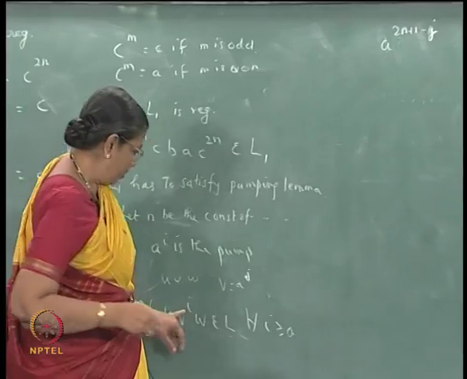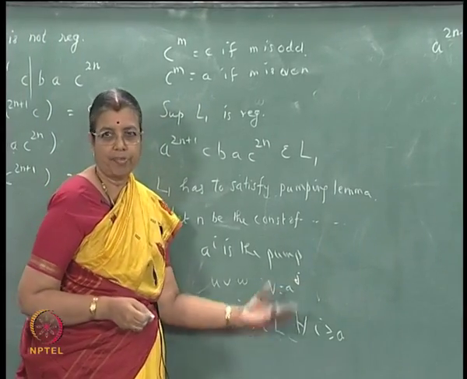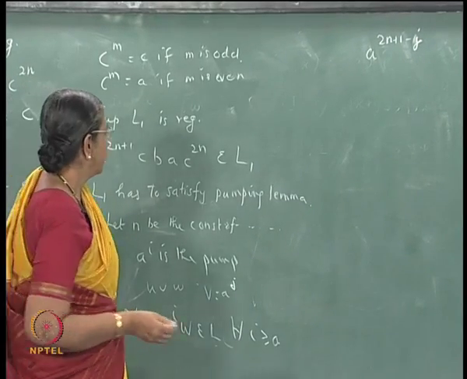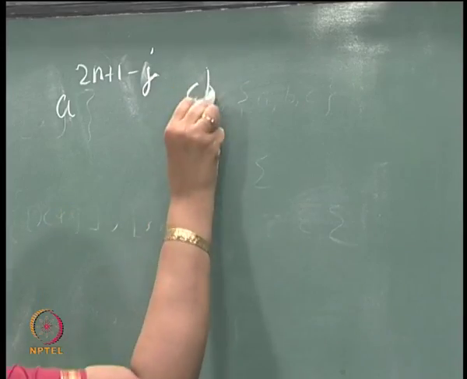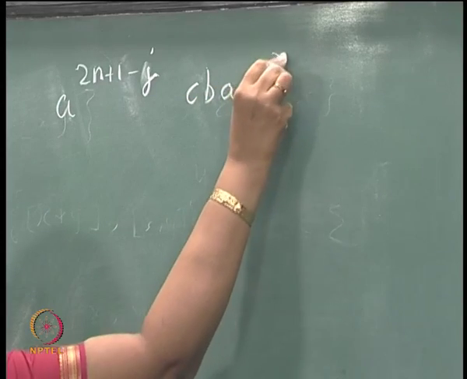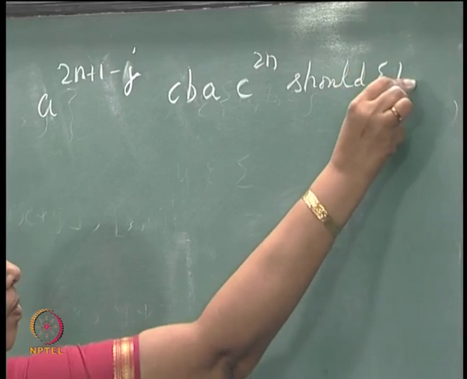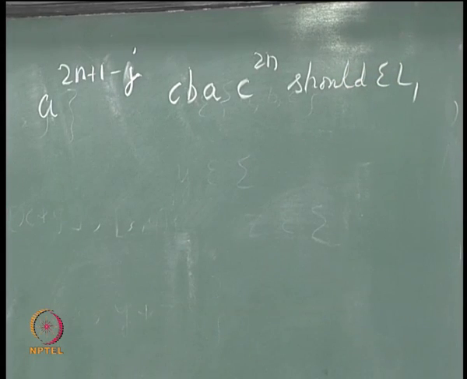Here also I have used I, one of them can be different, just to make it not confusing. A power 2n plus 1 minus j, CBA, C power 2n should belong to L1, right.